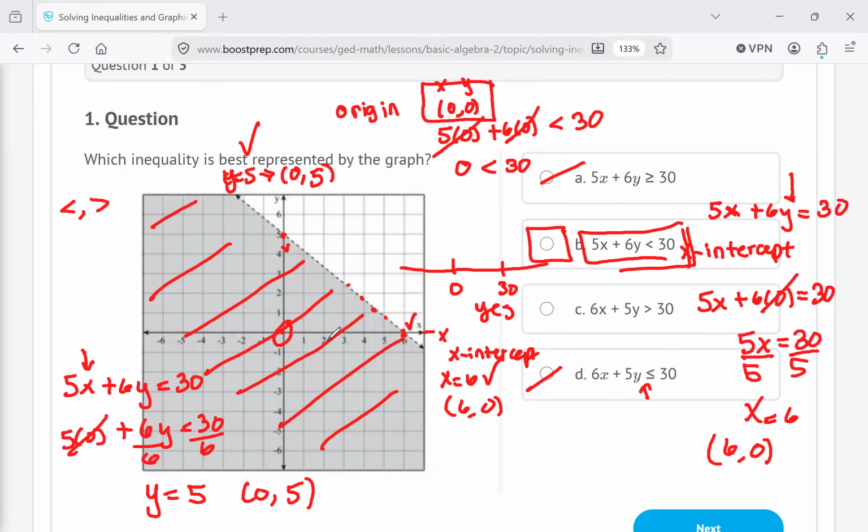Then I put it back into this inequality, and it turns out to be true. So that means you shade on this side, which is correct. So that is the correct shading. So our answer is letter B.